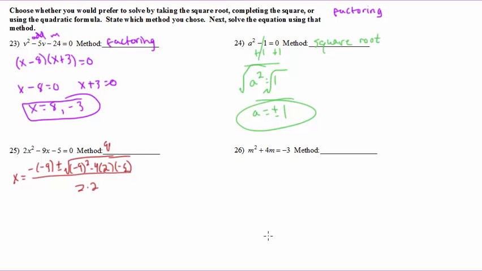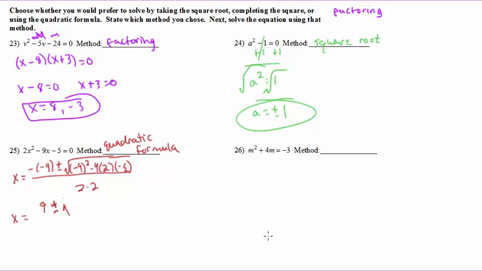And then I'd also want to say what method: quadratic formula. Let's see, x equals a positive 9 plus or minus, and underneath my square root I get 81 plus 40, which I don't know what that is, so I'm going to pull out my calculator. 81 minus 4 times 2 times negative 5 is 121.